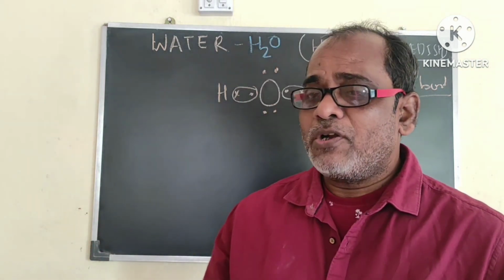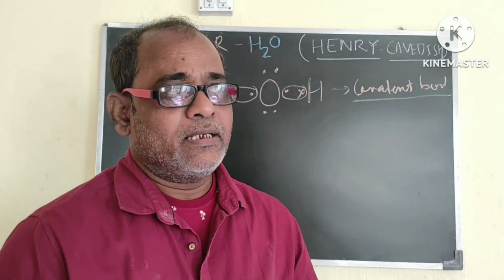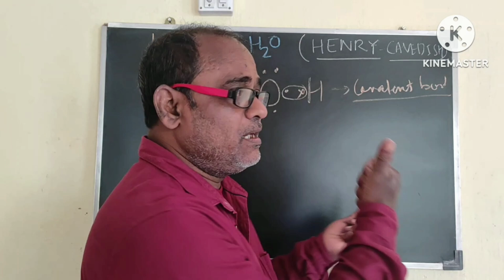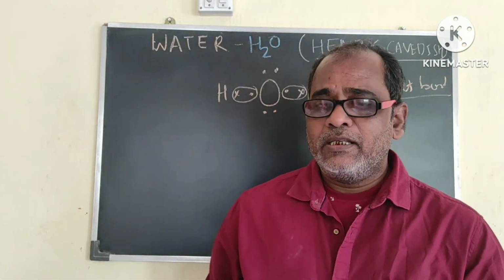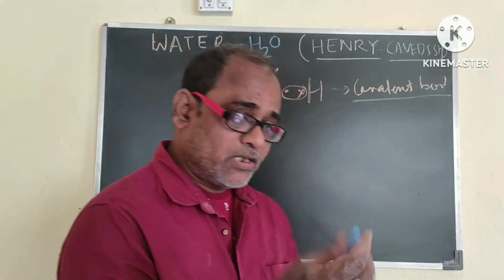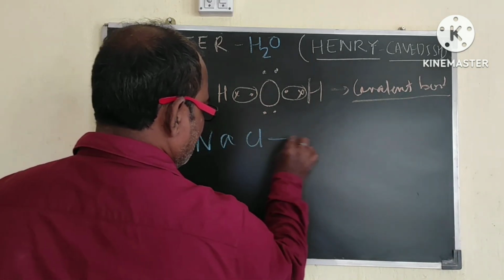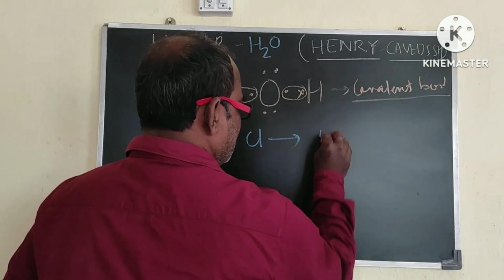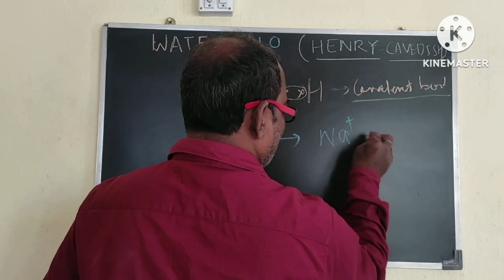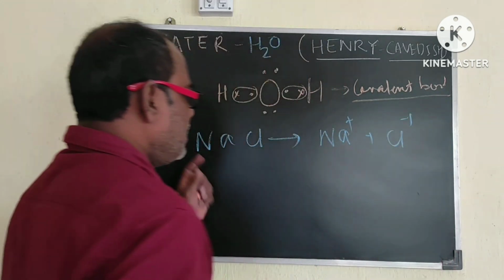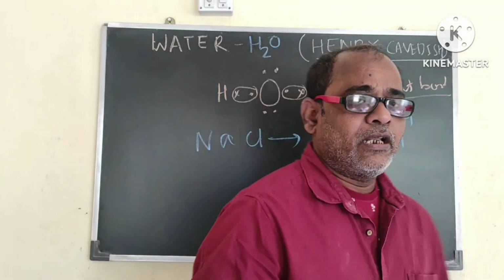Now suppose let us think about sodium. When sodium chloride is dissolved in water, what happens? So let us dissolve sodium chloride. It changes into ions like Na+ and Cl-. Now when this has been dissolved in water, what happens?